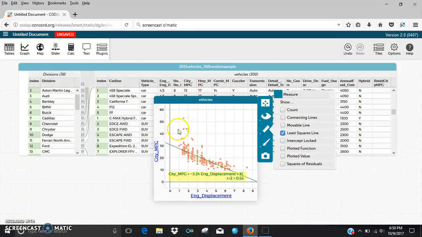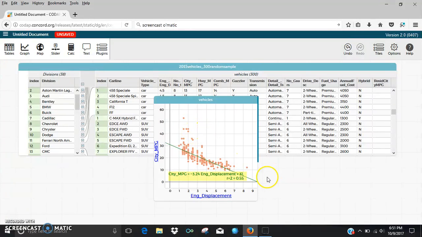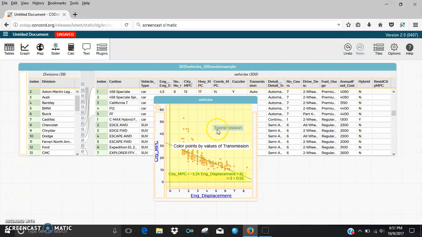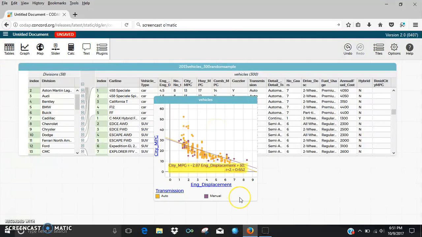But you notice these points far off our equation. This equation does not do a good job of predicting the city MPG for these values. If we go back into our table, we could try to find another variable that might help explain these differences. We'll try transmission type. We'll put it in the center of the graph, and the program has now separated the data into manual transmission cars and automatic transmission.